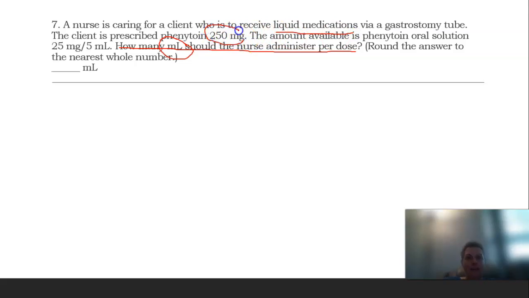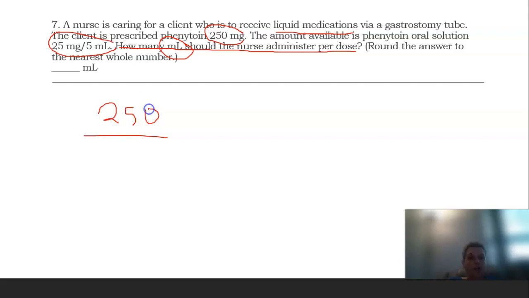Here's my amount, and here's what I have available. Remember when we talked about peg tubes? That if somebody was on something that was a capsule, you would call down to the pharmacy and get it switched to liquid? This is exactly what you're doing.